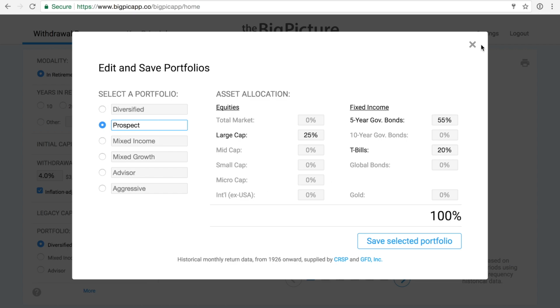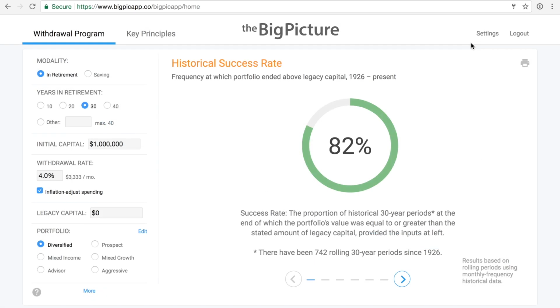So once that's done, we've created a bunch of model portfolios. We go back to the main page and you can see the portfolios we created are listed here. Right now, the diversified portfolio is selected.